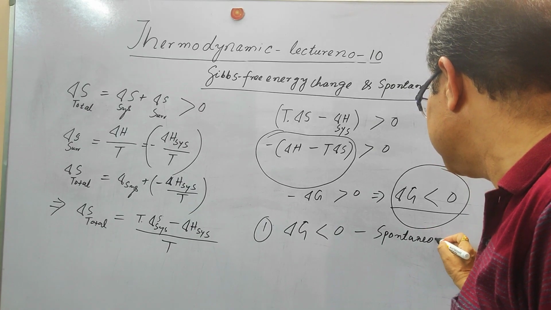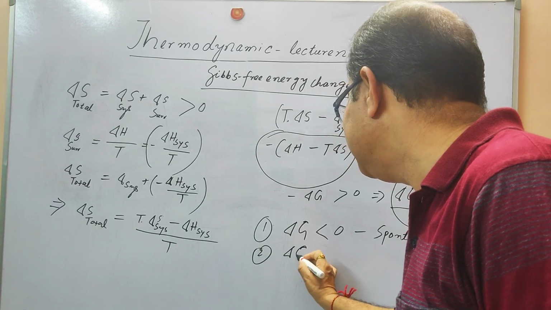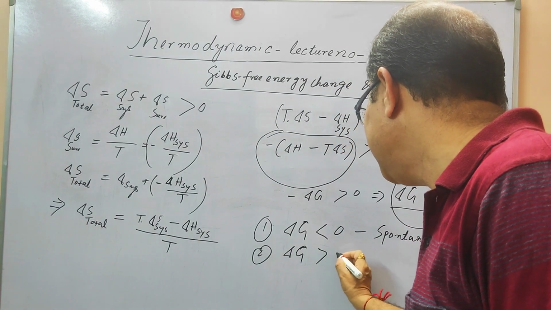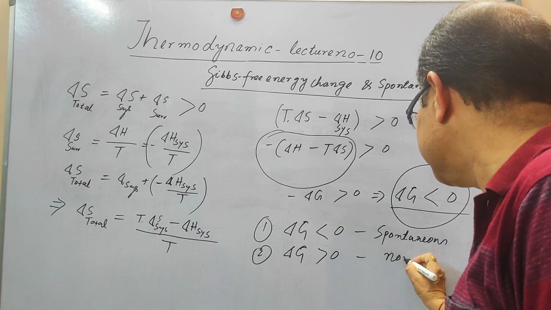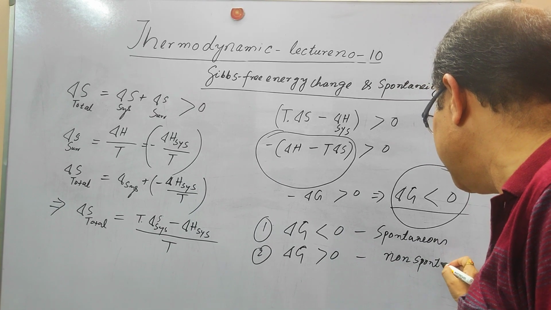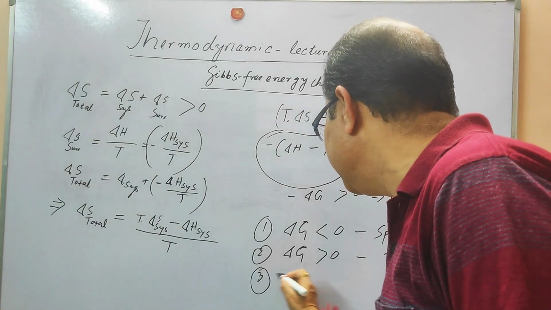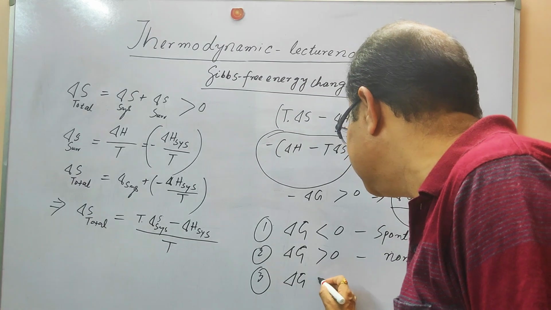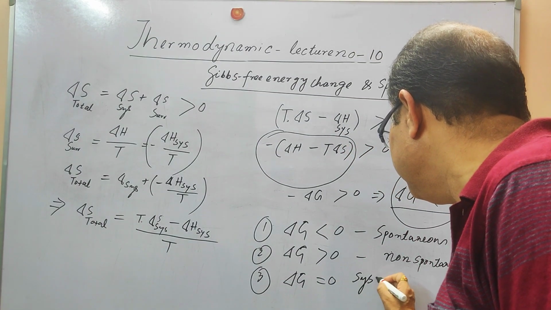Second, when delta G is greater than 0, then the system is non-spontaneous. And when delta G is equal to 0, the system is at equilibrium.